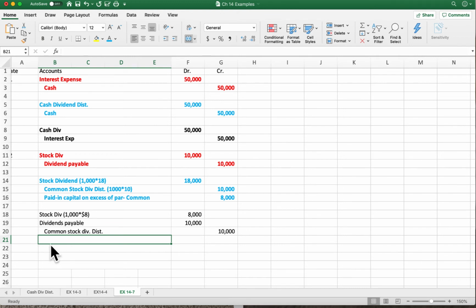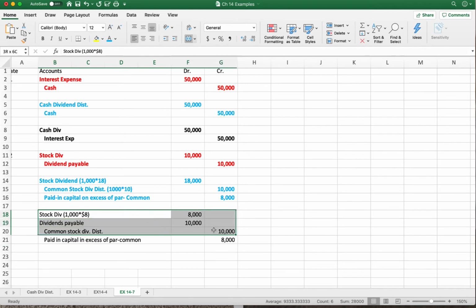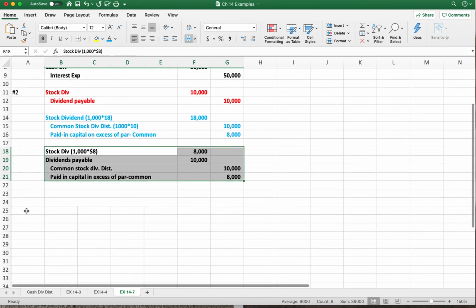And remember, I'm using the market price here, so I need to book the common shares at the par and then anything above that to my account paid in capital in excess of par common for the $8,000. Okay? And this, my friends, is the correct answer for number 2.